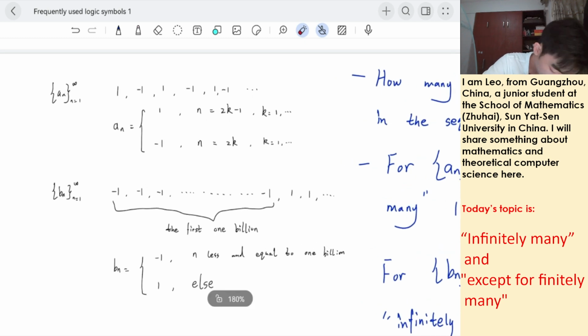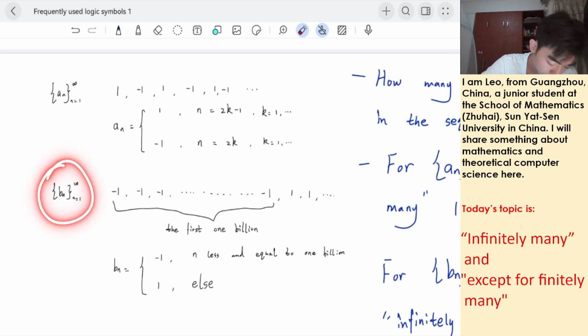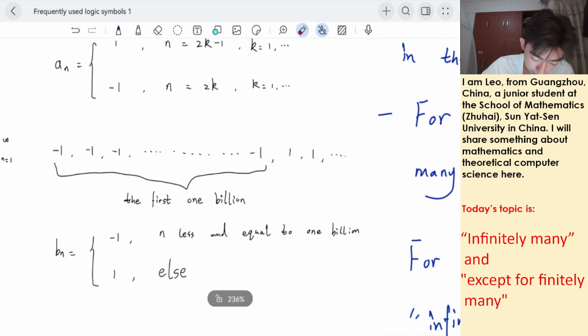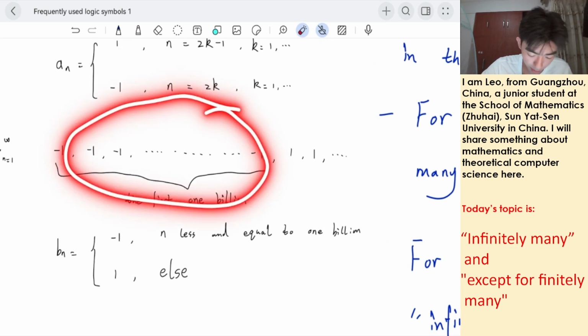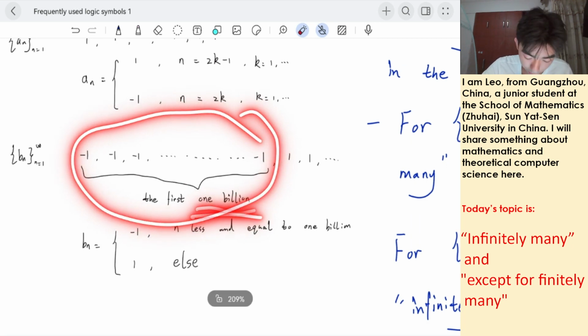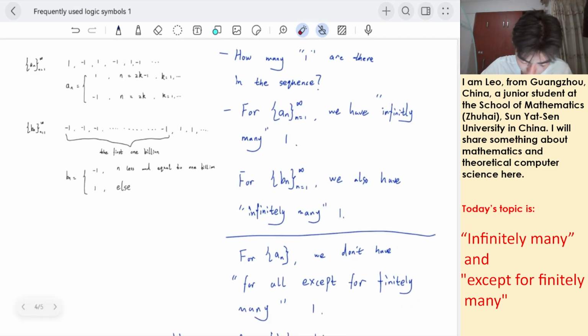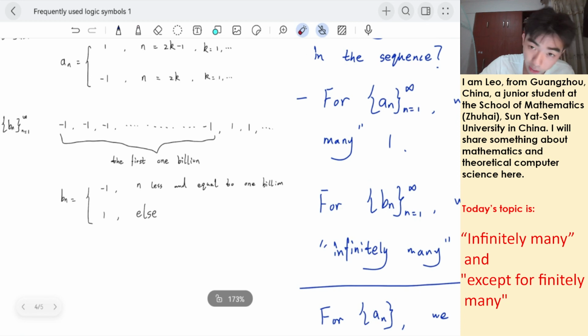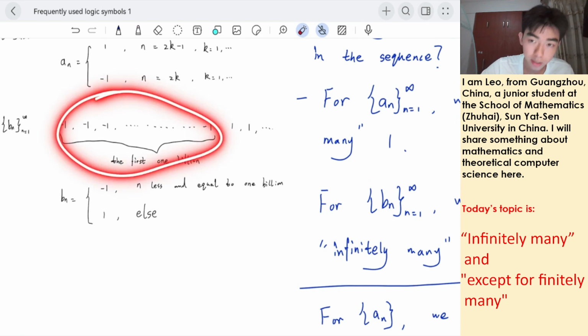But look at the sequence bn. Though we have many minus 1s, 1 billion of them, they are finite. So we can say that this sequence bn has: for all except for finitely many, that is, except for the finitely many which equal minus 1.